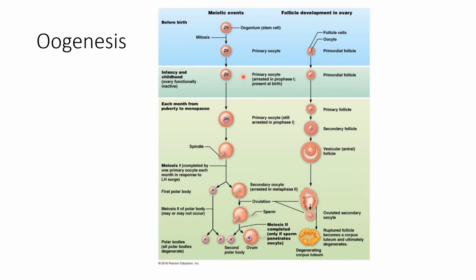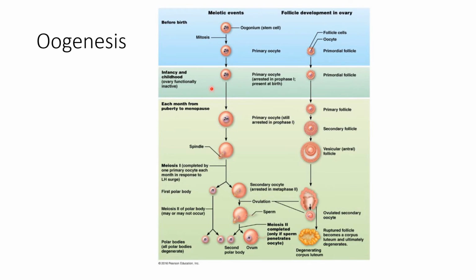By puberty, there are actually going to be around 300,000 oocytes that will be remaining. This primary oocyte right here, during infancy and childhood, is still surrounded by the follicle cells, and we still refer to the whole thing as the primordial follicle.